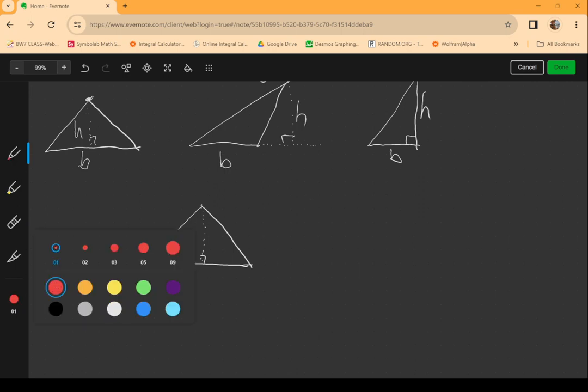So what I want to do is draw a line that is parallel to this side b. So it would be here, and it would be the same length as b, the base, and parallel to it. And also another line here, so they intersect here.